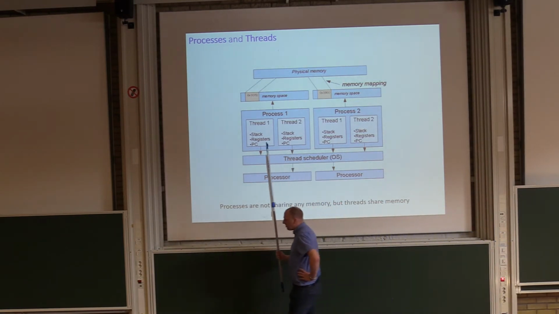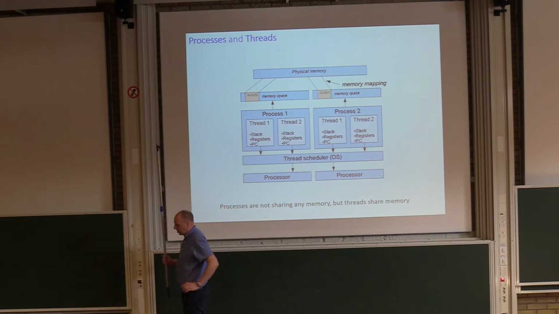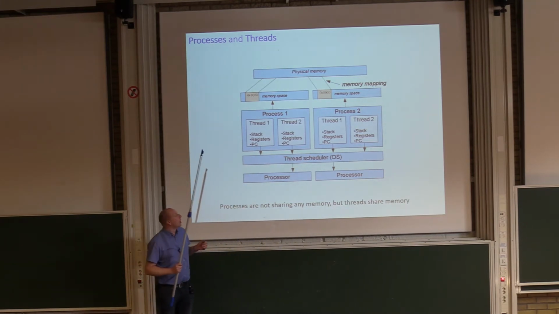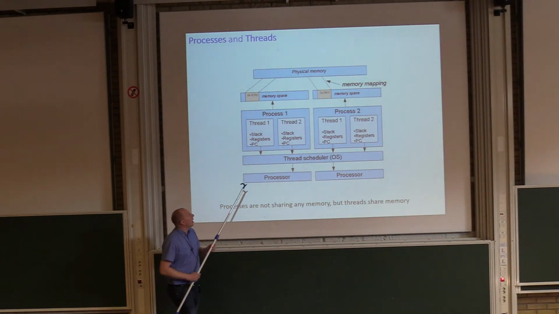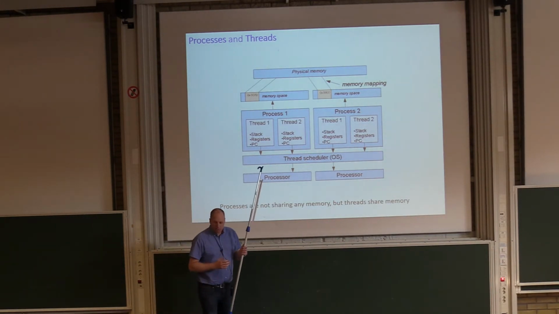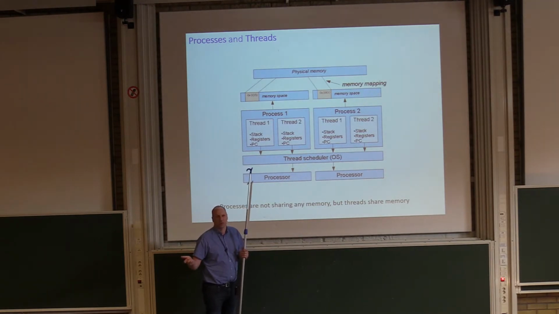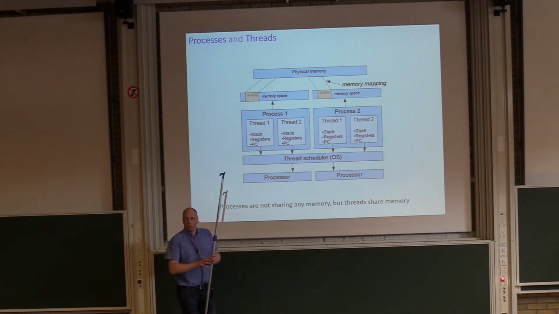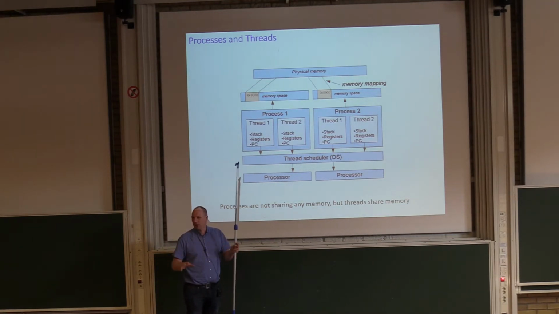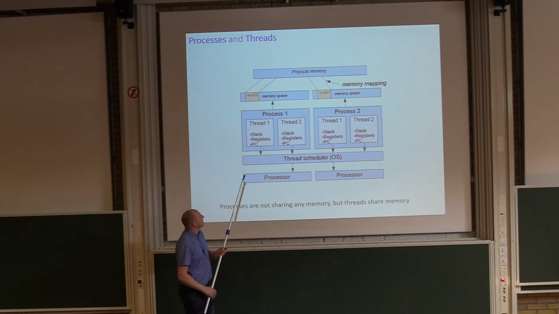But in some situations, if you're in a program, you have one task to solve, but you would like to use, for example, multiple cores in your processors. You have multiple computational units, multiple processors, sort of, and you don't want to separate the different tasks from each other.